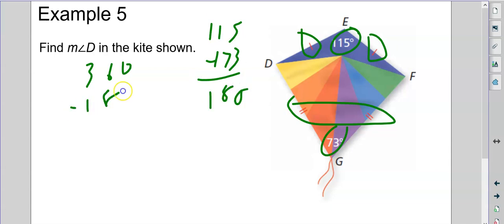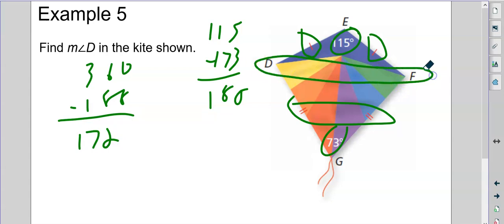If I subtract 188 from 360, that gives me 172. Now that is what is to be used for both of those angles. So I need to divide by 2, and that gives me angle D is equal to 86 degrees.